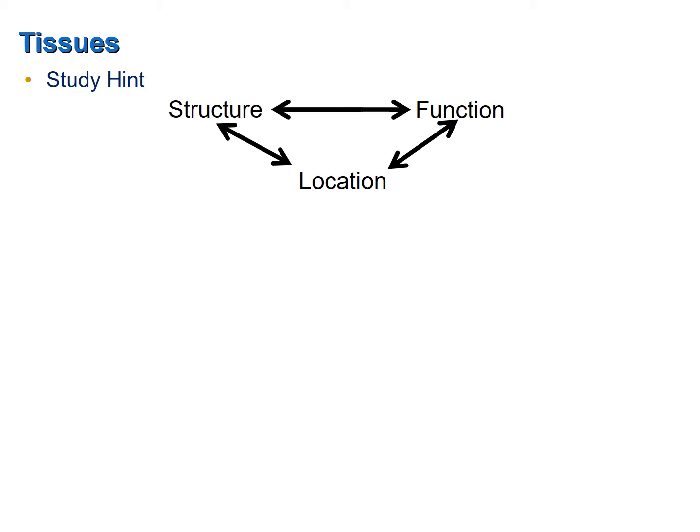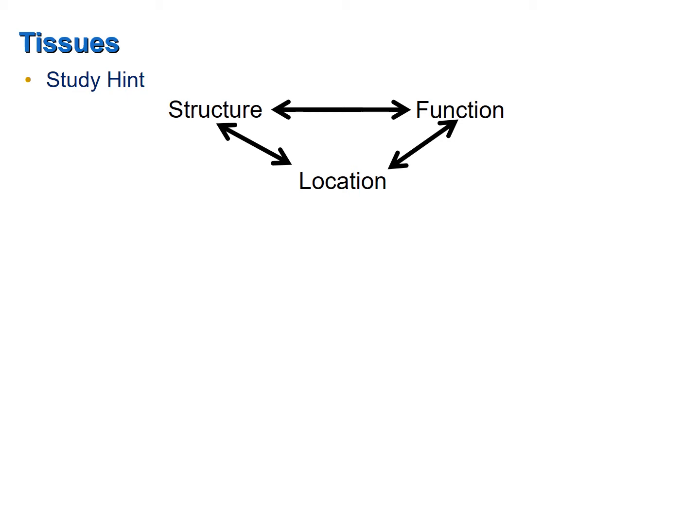All of these are interrelated. This is a much better approach to memorizing because it helps you to truly learn and understand the tissues rather than simply memorize information about them. You'll enjoy learning as opposed to memorizing.